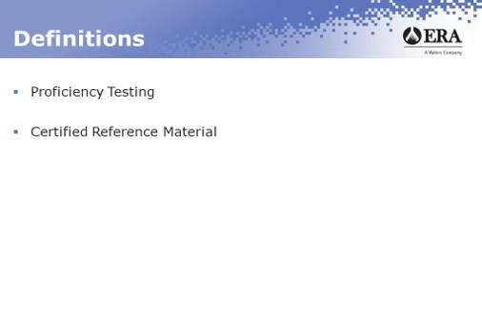I want to start by giving a very brief explanation of two key terms that can be very confusing: PT, or proficiency testing, and CRM, or certified reference material. Proficiency testing samples are blind standards designed for use for laboratory accreditation and certification. These are the samples that you will report back to ERA.